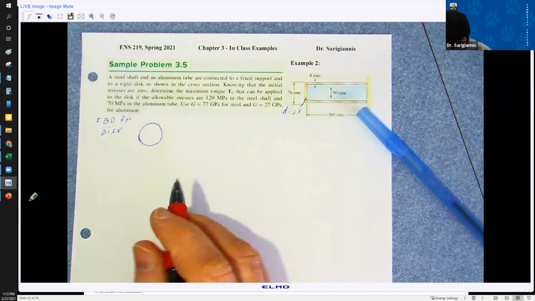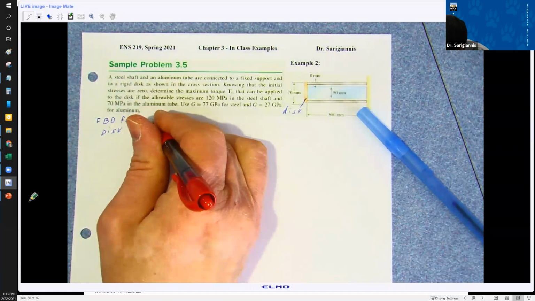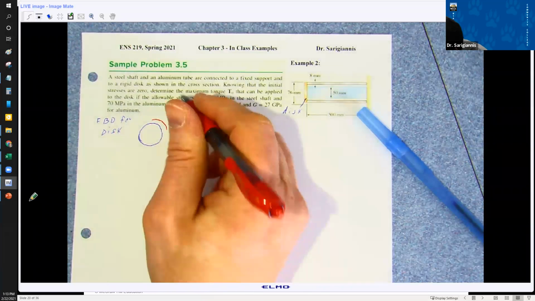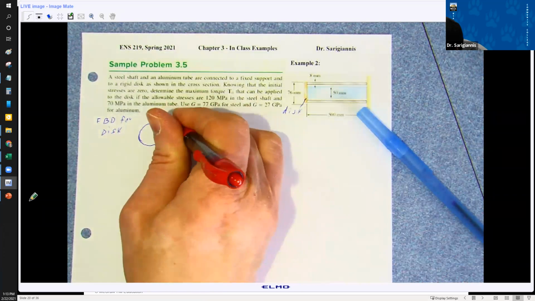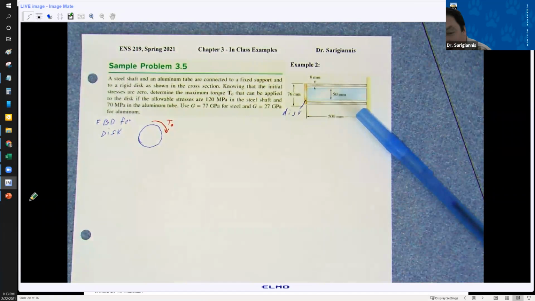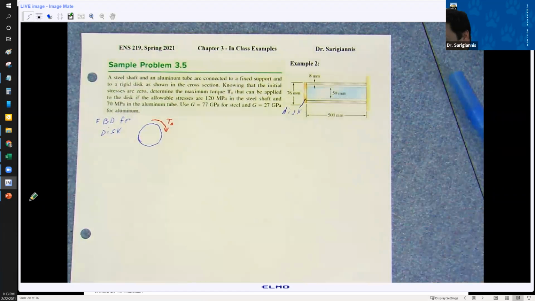And we're going to apply a torque. Let's see, determine the maximum torque T naught that can be applied. And it doesn't tell you clockwise or counterclockwise. So whichever direction you feel like, you can draw it out. Just watch your signs and directions.